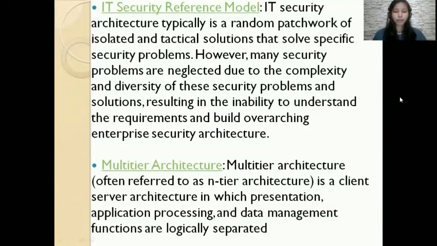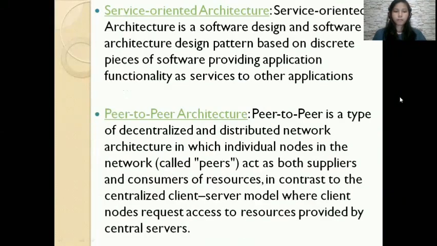Multi-tier architecture. Multi-tier architecture, often referred to as N-tier architecture, is a client-server architecture in which presentation, application processing, and data management functions are logically separated. Service-oriented architecture is a software design and software architecture design pattern based on discrete pieces of software providing application functionality as services to other applications.